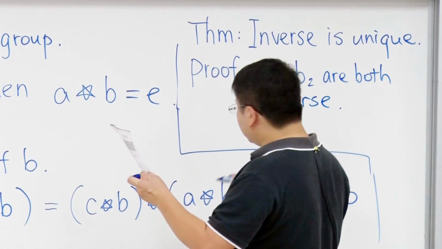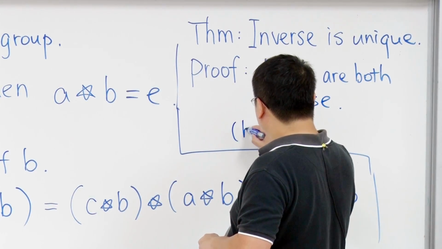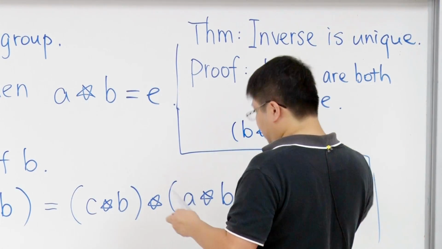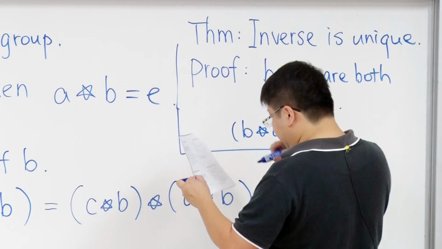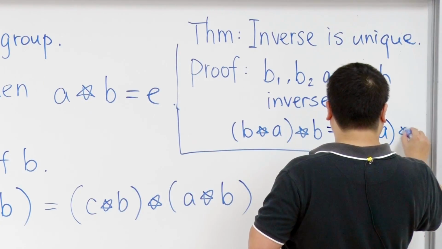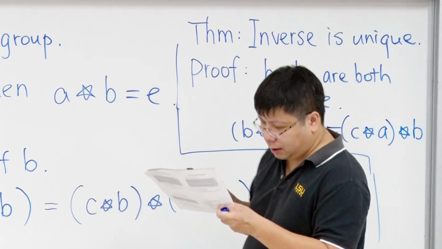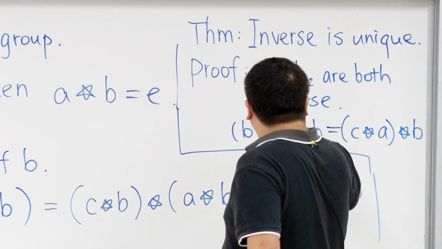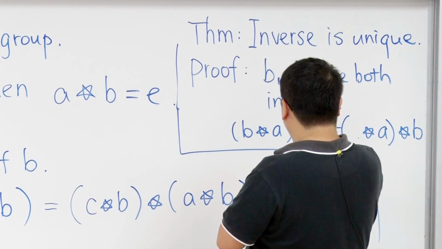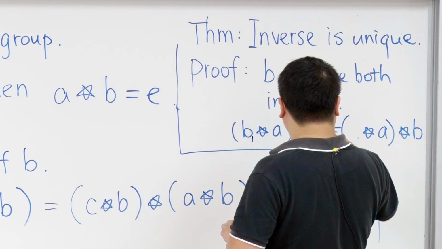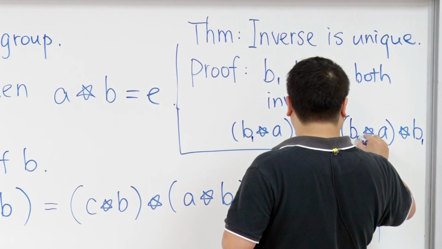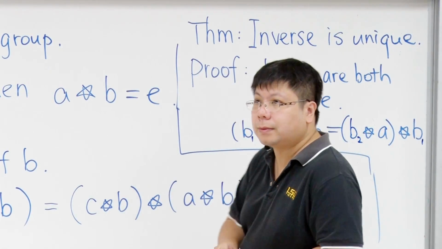Then let us consider B2 star A star B1. Sorry, we have B1 and B2, so this is B1, and let's say this is B2.